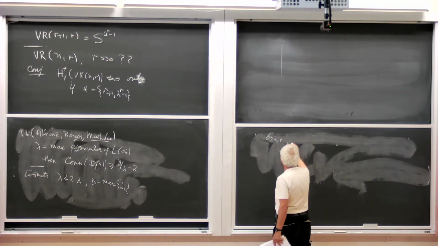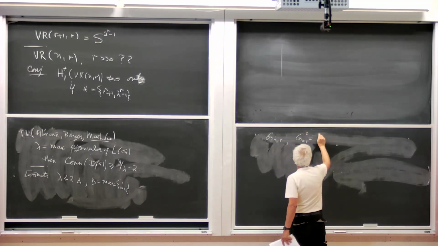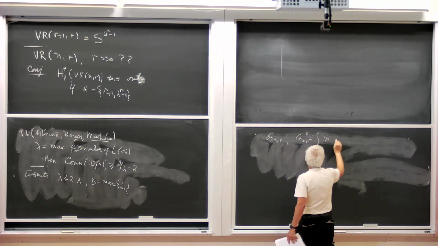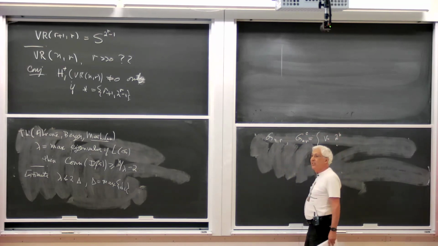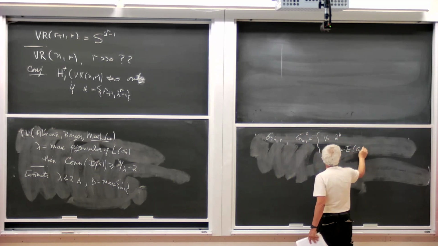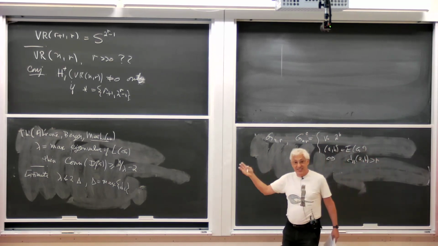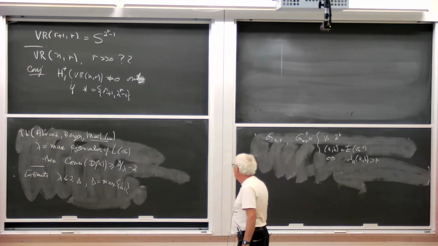So the complementary graph has the same vertex set, the 2 to the n vertices, and A, B belongs to the edges of the complementary graph if and only if the Hamming distance between A and B is greater than R. It's easy in this case to write it.